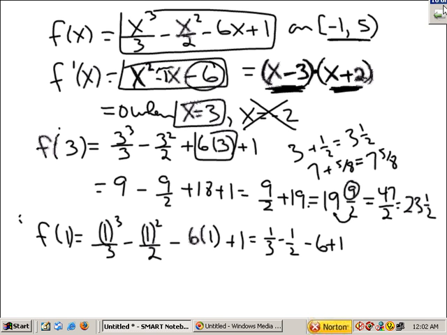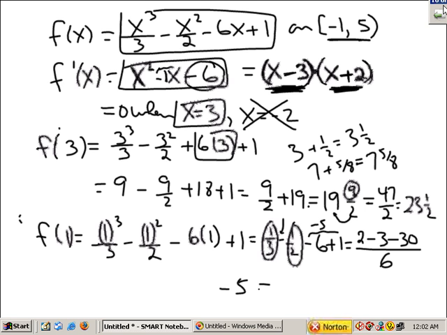So let's get everything over 6. 1/3 is the same as 2 over 6, minus 1/2 is 3 over 6. And for the record, minus 6 plus 1 is minus 5.